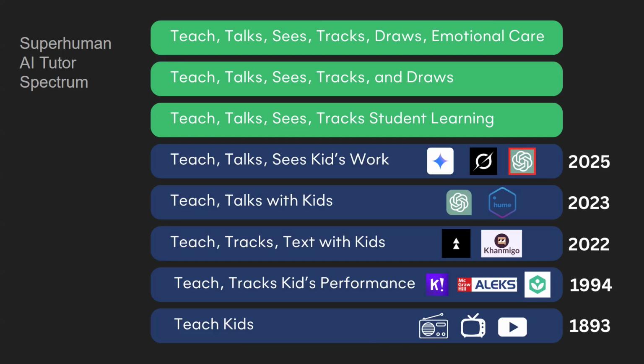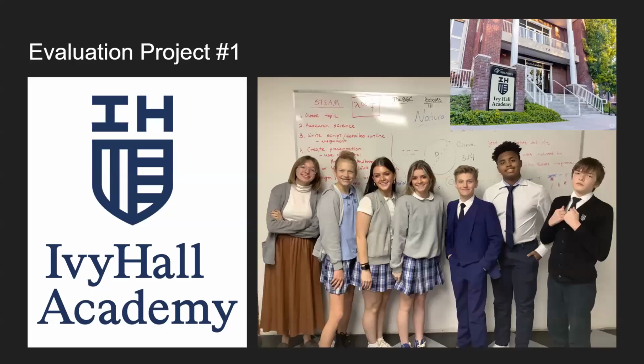And now AI has vision, so the next step would be using this vision and voice AI to track student learning and report it to teachers. Then eventually AI can draw for you, let's say on an iPad, and even have emotional care to help motivate you through the process.